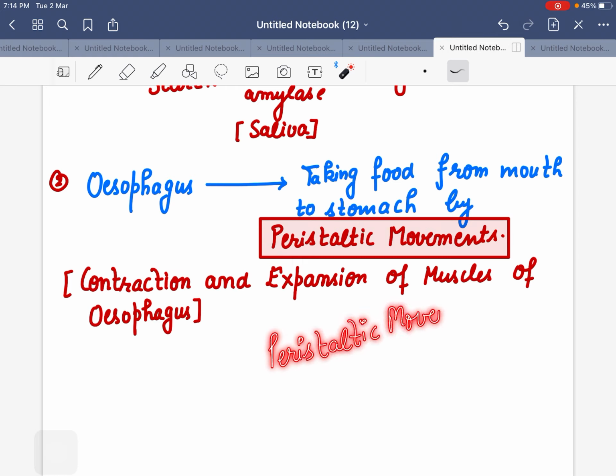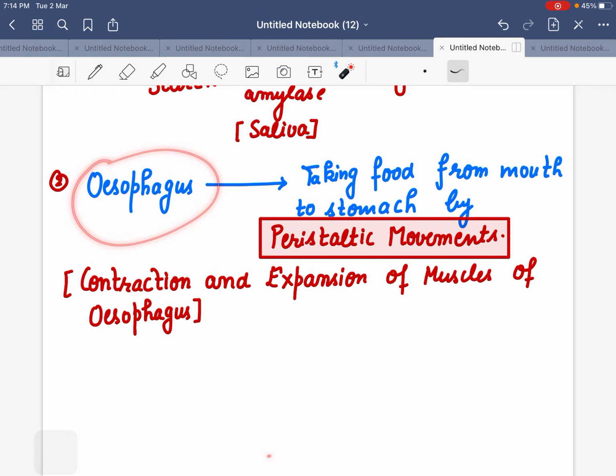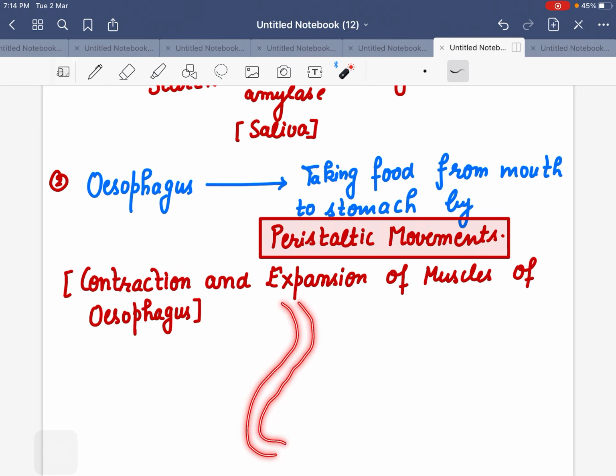We ignore these kinds of words. We never try to understand these words. We are doing esophagus. What is the esophagus? Esophagus is our food pipe. What is happening in this food pipe? There is contraction and expansion. And if expansion does not come to mind at paper time, then just write relaxation.